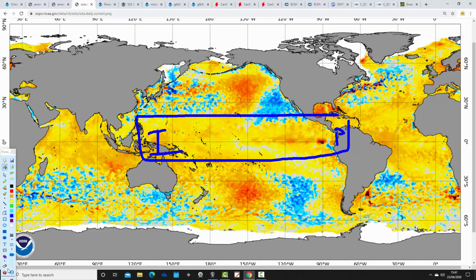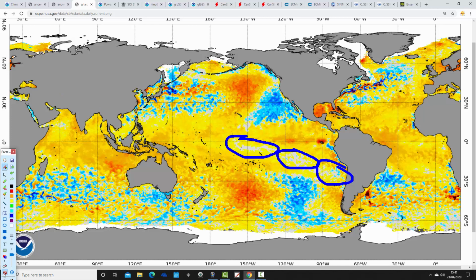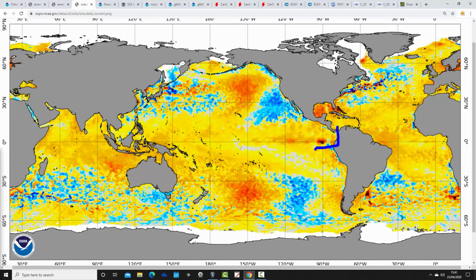Where we've got these clear areas just here, that is actually where it is bang on average. So just there, just there, just there. That's where the sea surface temperature anomalies are neither above or below average. They are bang on average. But you can see that through the equatorial Pacific Ocean itself, most areas are above average. Through central western parts of the equatorial Pacific Ocean, sea surface temperature anomalies are just a little bit above average, so ENSO neutral on the warm side.